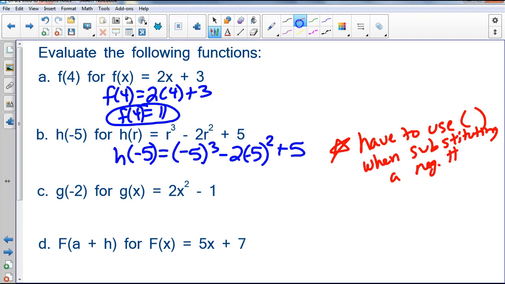A negative number. I'll rewrite that in case you guys can't read what that says. That should say negative. A negative number, especially when you're squaring it or cubing it. So if you type it into your calculator exactly as I have it on the board, we find out that f of negative 5 is actually equal to negative 170.